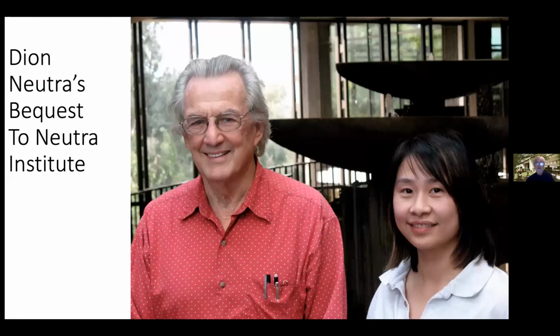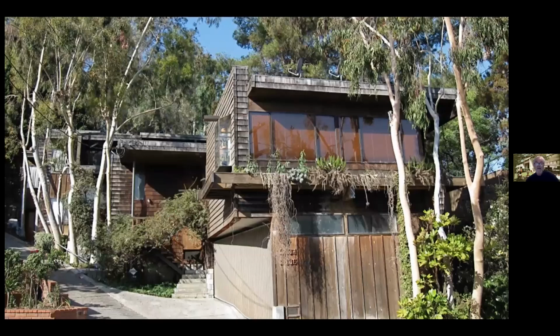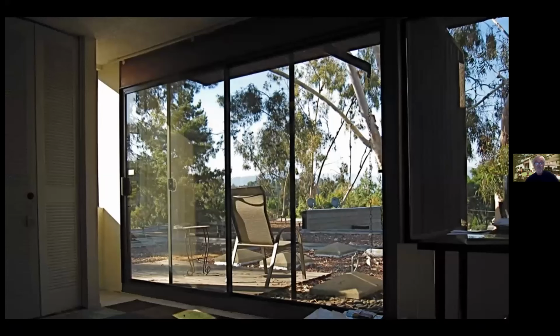And on his death in 2019, my brother made a major bequest to the Neutra Institute for Survival Through Design. He bequeathed 3 buildings. One of them is this triplex in the Silver Lake area with these wonderful near views and distant views.